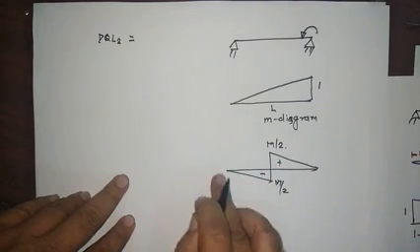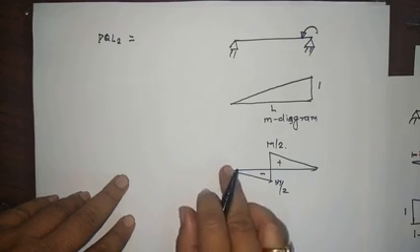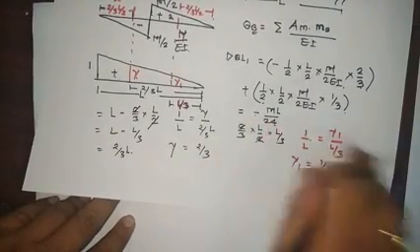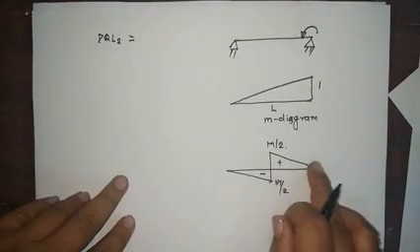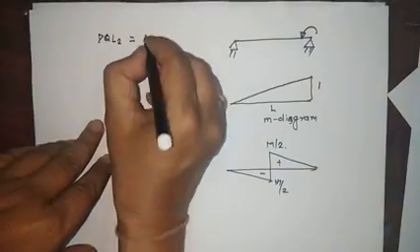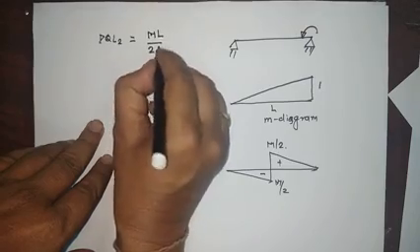Initially in the case of dql1, we calculated from here that value as minus ml by 24. Now we are calculating this from here, so automatically this value is the same and only the sign will change, that is ml by 24.